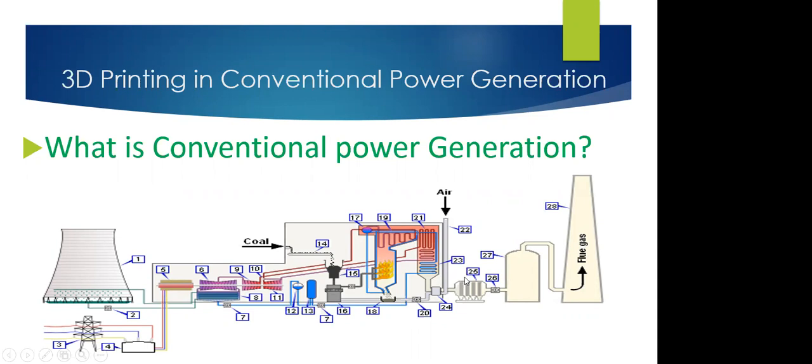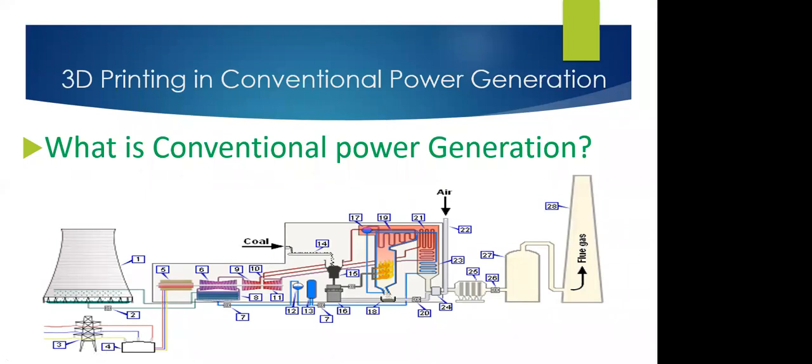Twenty-four is the air preheater, twenty-five is the electrostatic precipitator, and twenty-six is the fan. Twenty-seven is flue gas, and twenty-eight is the flue gas stack, the chimney stack. These are the main components of the thermal power plant.